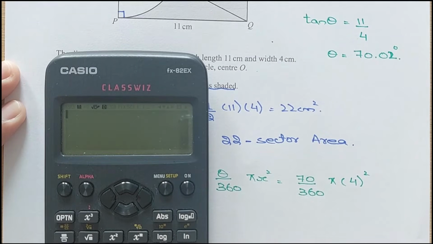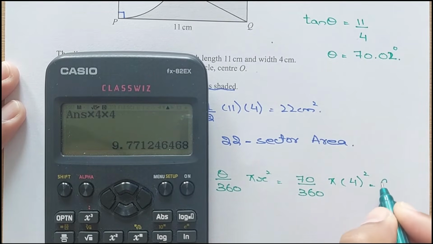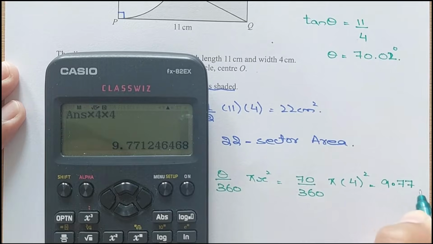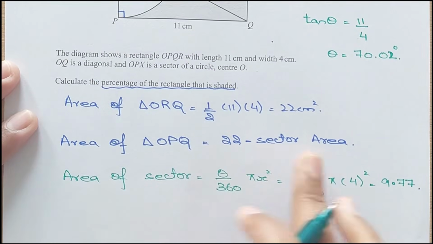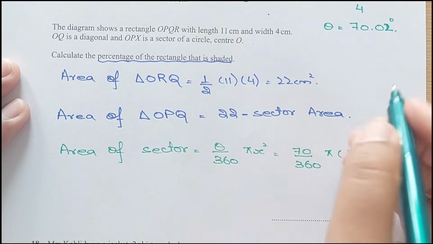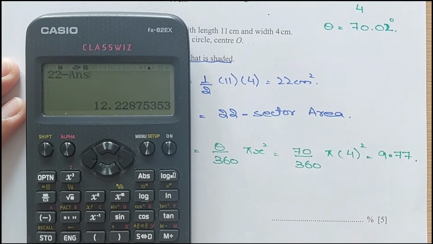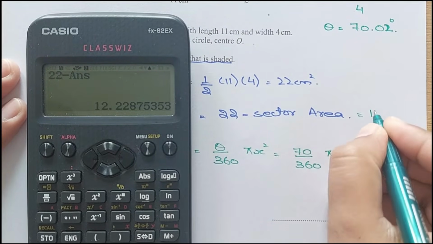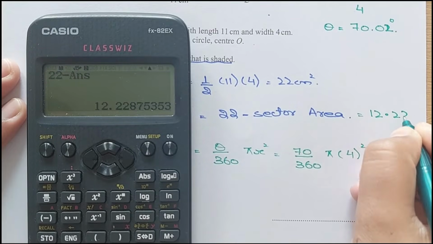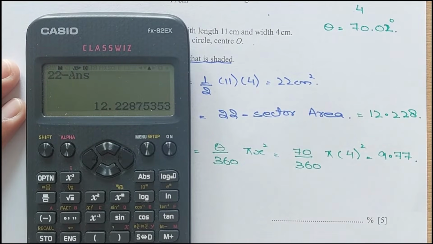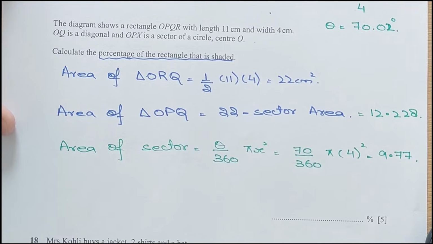Let me calculate: divided by 360 times 3.14 times 4 times 4, that is 9.77. This is the sector area. So we subtract this 9.77 from 22, and this area is 12.228.